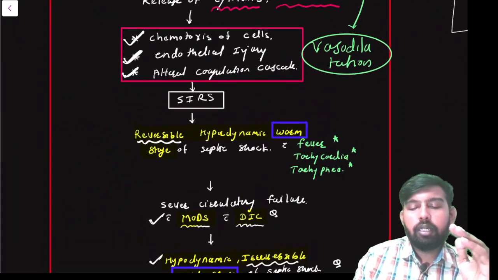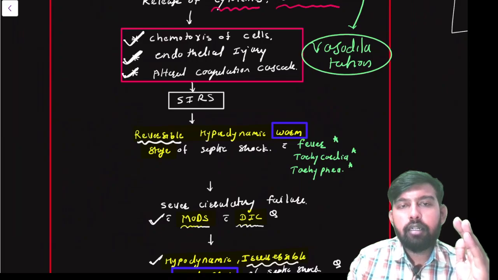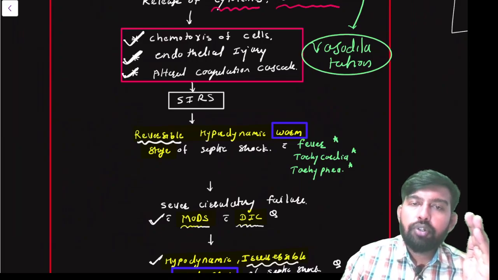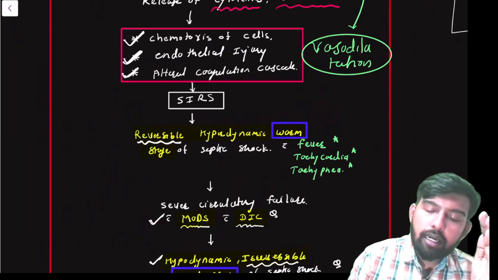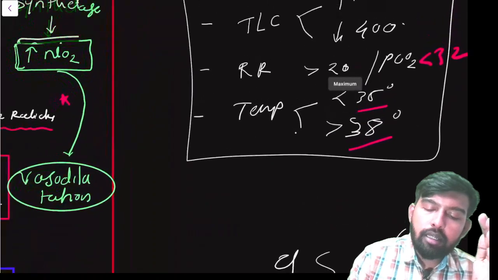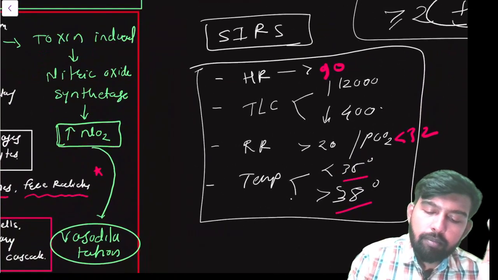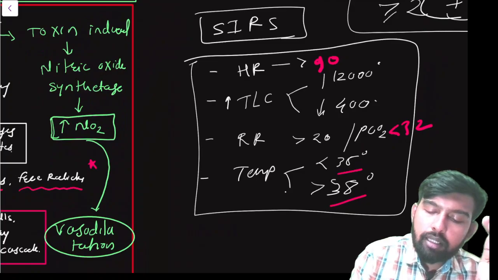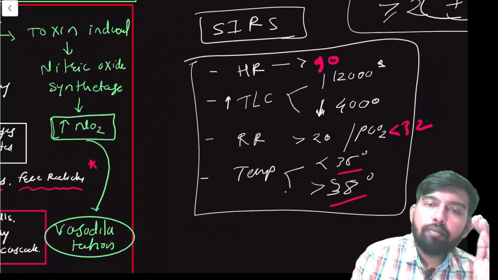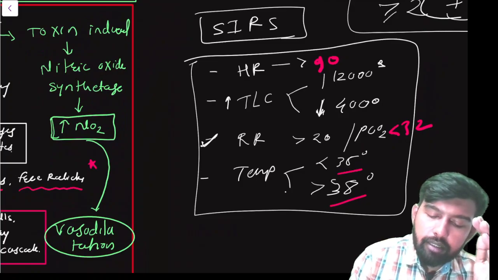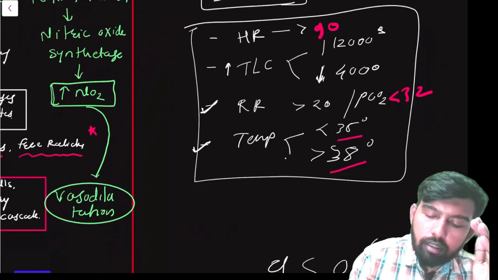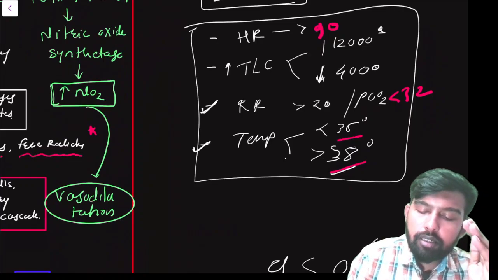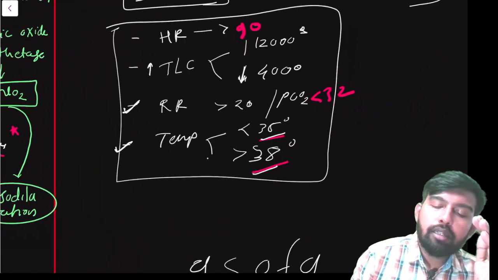So remember the characteristic features of SIRS; we have already seen SIRS in the first module of shock. The components of SIRS are an increase in heart rate of more than 90 per minute, an increase in TLC above 12,000, or a fall in TLC to less than 4,000, or an increase in respiratory rate, temperature more than 38 degrees Celsius, or temperature less than 36 degrees Celsius.